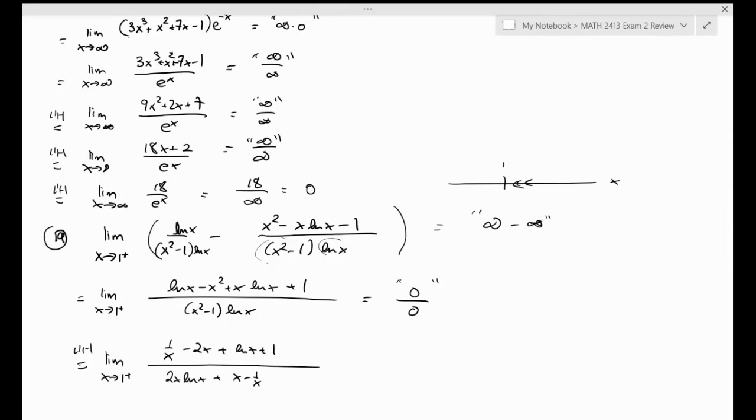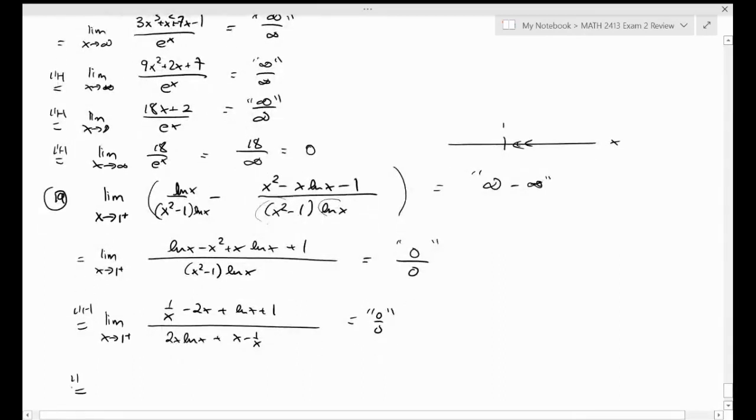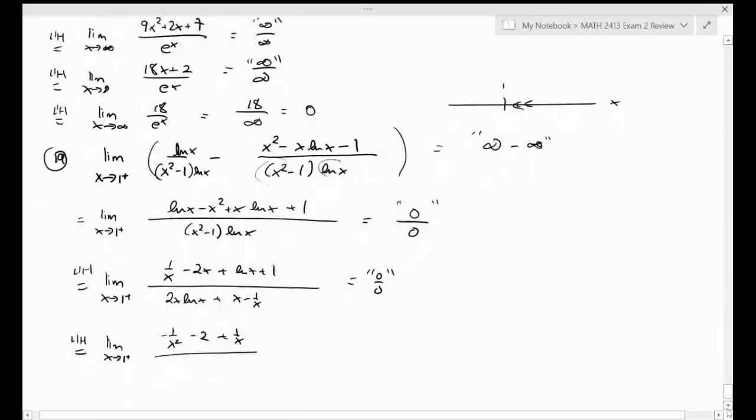We get 0 over 0. Differentiate again, or use L'Hopital's rule, I should say, again. So, just be ready to use L'Hopital's multiple times.